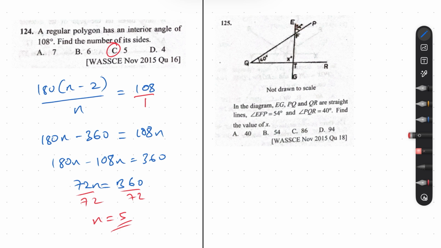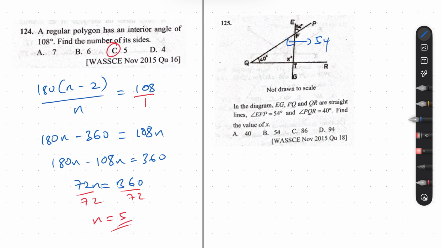And then seeing these two lines are straight and they are crossing each other, then we can have what? Vertically opposite angles. Okay, that means this angle here is the same as this angle right here, which is 54. So now when we add these three angles, we should get what? 180, because the sum of the interior angles of a triangle gives us 180.